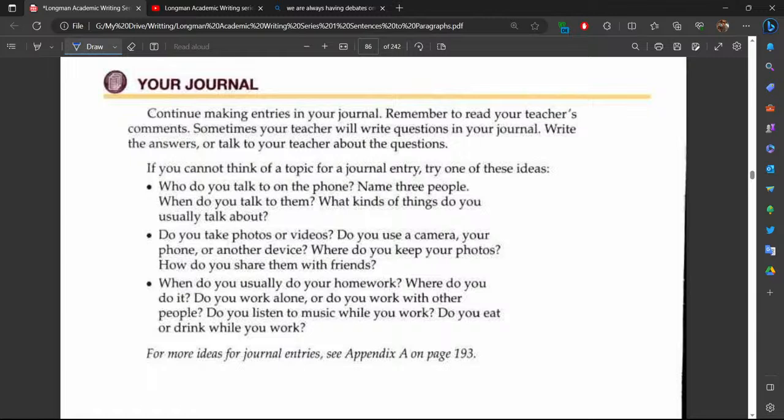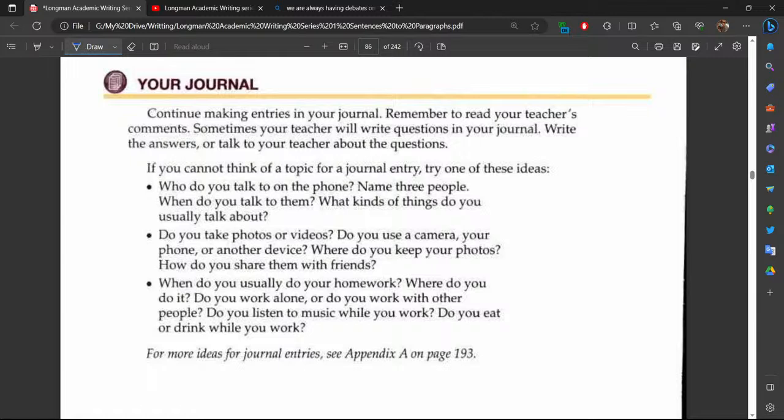Who do you talk to on the phone? Name 3 people. When do you talk to them? What kinds of things do you usually talk about? Do you take photos or videos? Do you use a camera, your phone, or another device? Where do you keep your photos? How do you share them with friends?